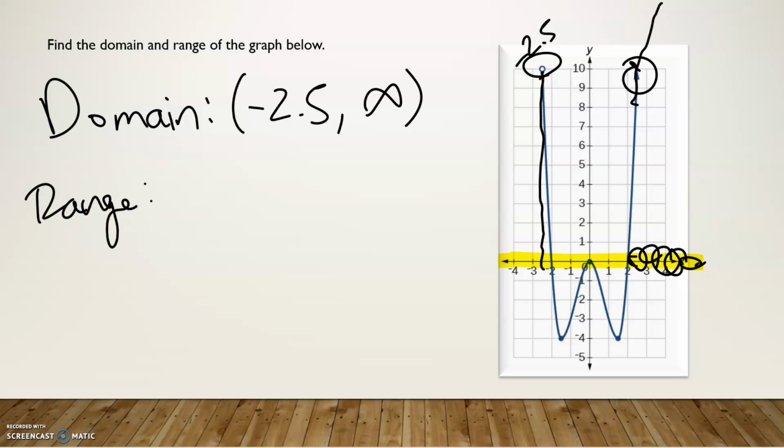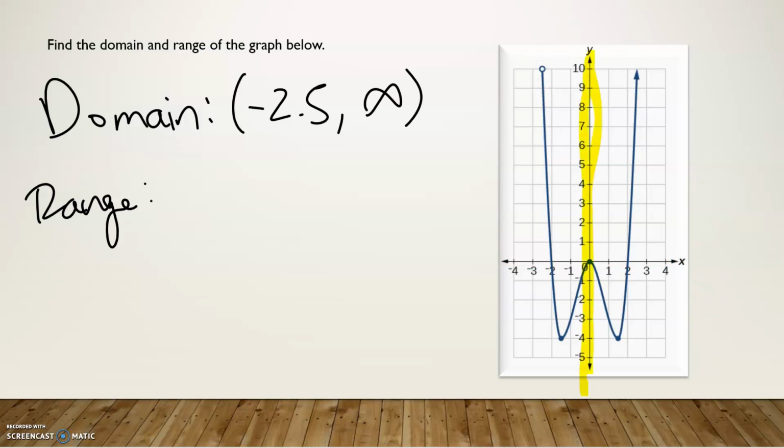Okay, and then our range. So let's get rid of all of this. Now we're looking at our y-axis. It looks like it starts here, and it will go up because of this over here. It'll keep going up for y. So it looks like it starts at, was that -4? Let me erase this.